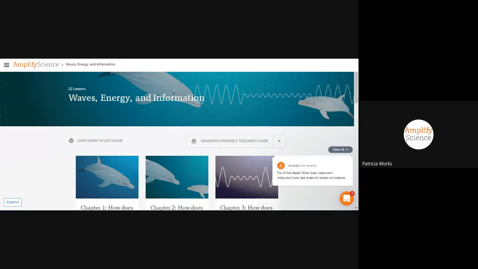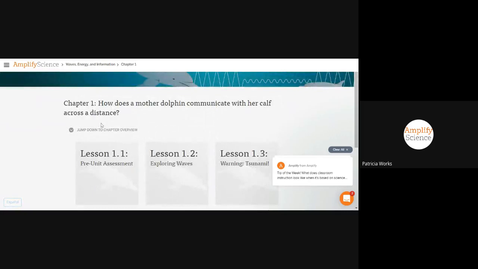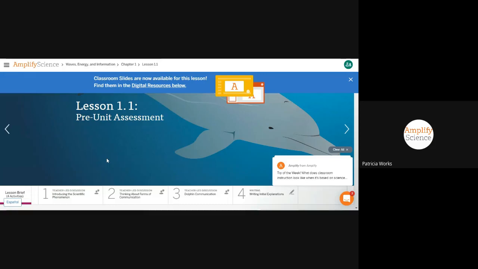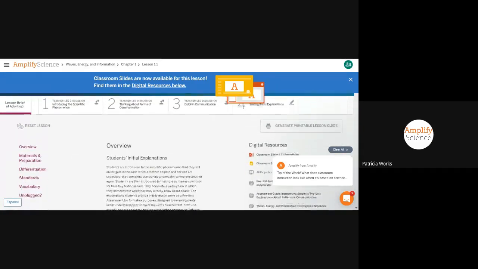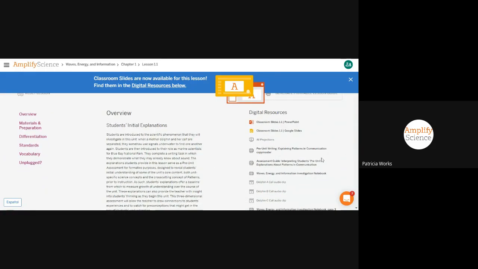So here we are on the main unit page for Waves, Energy, and Information. So to get to the pre-assessment, which is in Chapter 1, Lesson 1.1, I'll click on Chapter 1. And then Lesson 1.1. As you scroll down, you see that underneath the digital resources, you can see the pre-unit writing, and you can also see the assessment guide here.